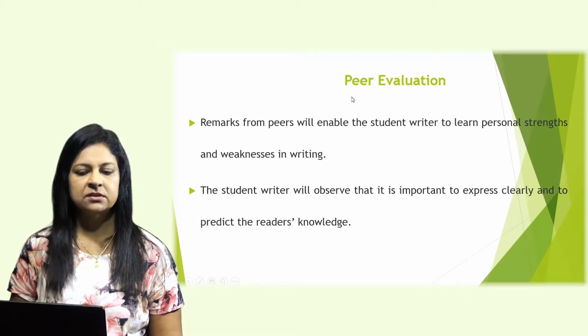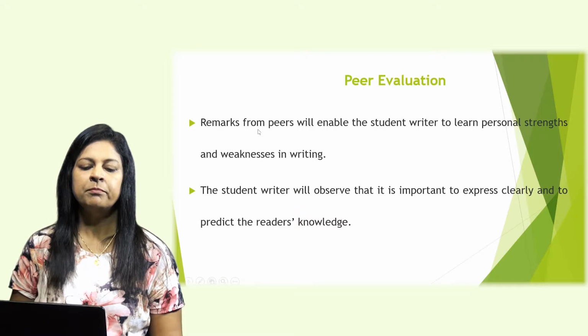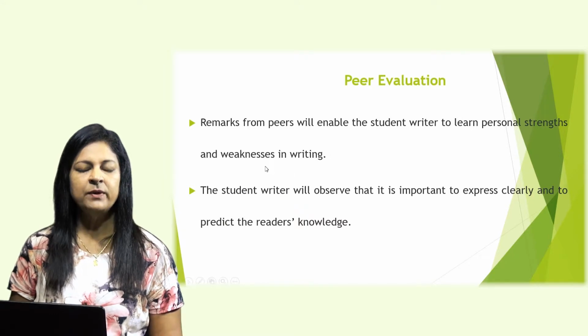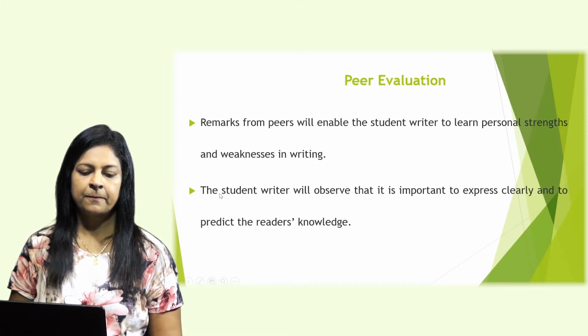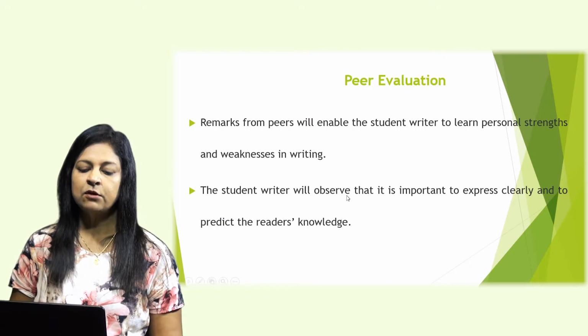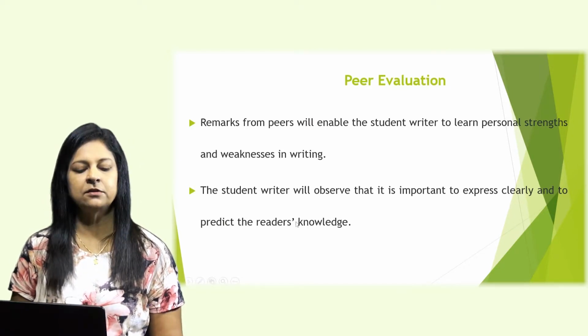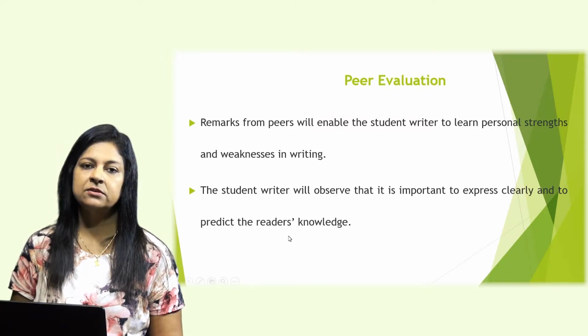Peer evaluation. Remarks from peers will enable the student writer to learn personal strengths and weaknesses in writing. The student writer will observe that it is important to express clearly and to predict the reader's knowledge.